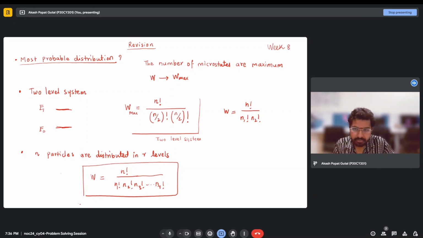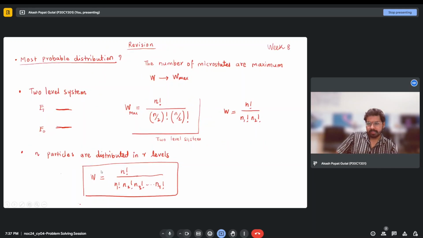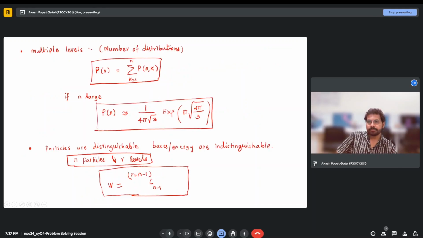For a two level system, we defined the equation of W, the microstates, for N indistinguishable particles with R levels, let's say. So this is the main equation, and we would use it in many problems.